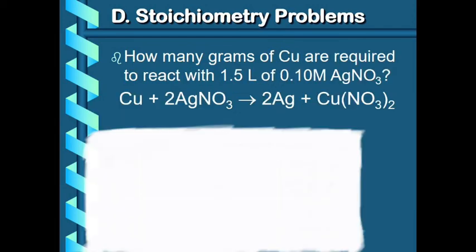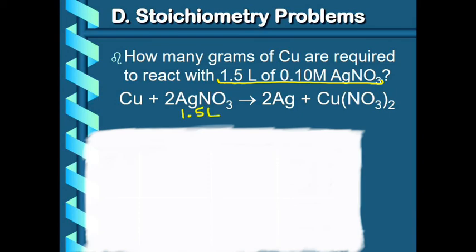Here's our last example. Again, you're making sure you write down the problems and then all the work. How many grams of copper are required to react with 1.5 liters of 0.1 molar silver nitrate? So we have 2 pieces of given information today, and both of these belong with the silver nitrate. So under silver nitrate, I'm going to write 1.5 liters.